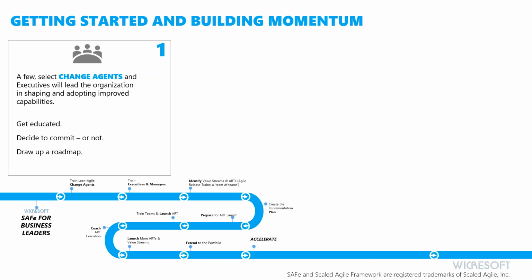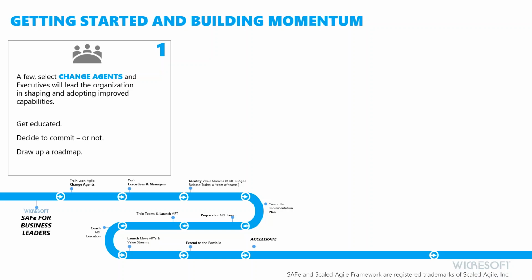And at this point, you might want to create a roadmap that might look something like this, but it will be unique to you. Now, one of the things that we do at Microsoft at this stage is to say, well, on one hand, we could train you in lean portfolio management and SAFe, so you can make this decision to commit or not, and that's arguably the best way to do it.